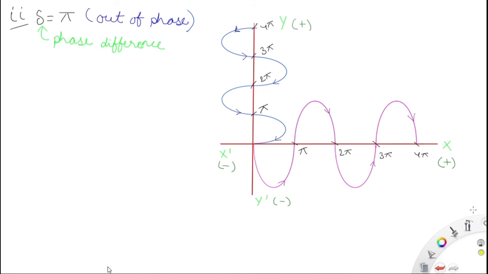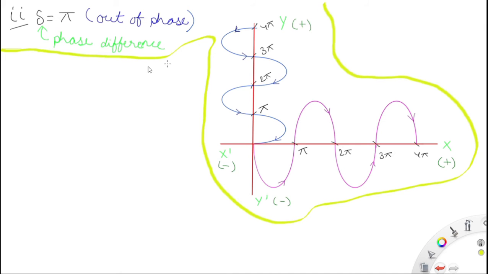So these are sine curves having a phase difference of pi. This is happening in the y direction and this is happening in the x direction. Both have a period of 2 pi, in both directions, and both have different amplitudes also.